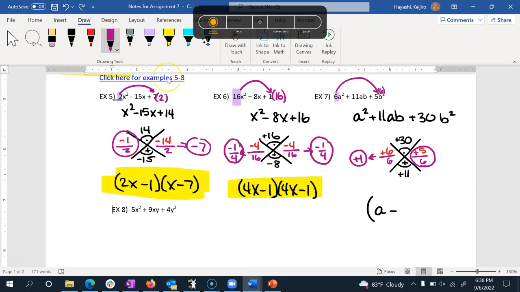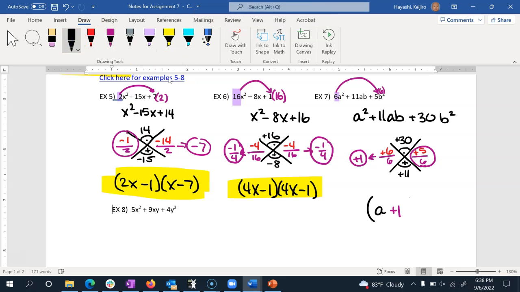The fact that the b is here on the middle term and on the back term just means it's like a plus 1b. And that this other factor is 6a, and instead of just a plain old plus 5, it's a plus 5b.